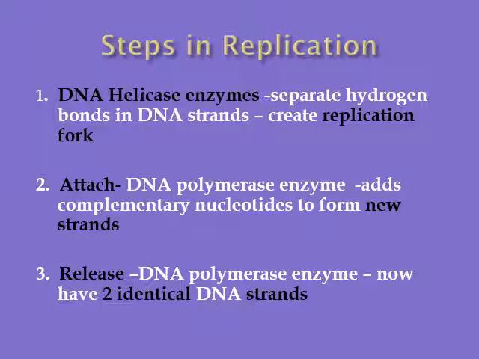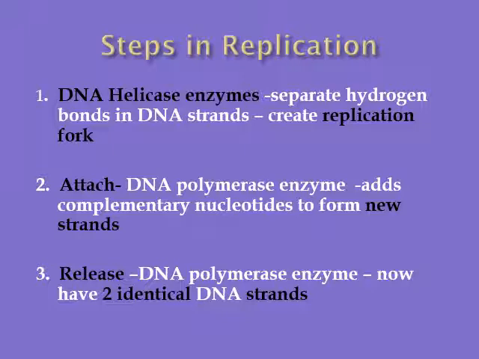For step 2, we have another DNA enzyme called DNA polymerase. This is going to attach to the DNA molecule, and it's going to add complementary nucleotides, or building blocks, to form new DNA strands. So we're going to have a second enzyme come in and start to build a new DNA strand.